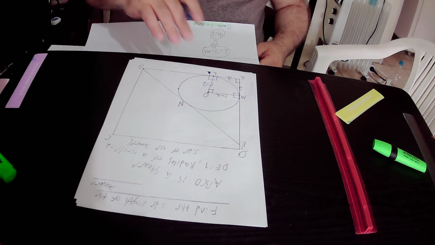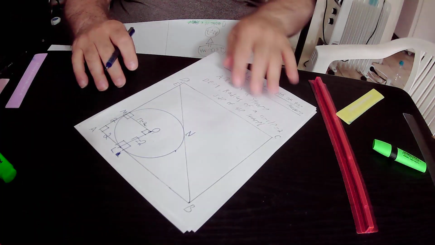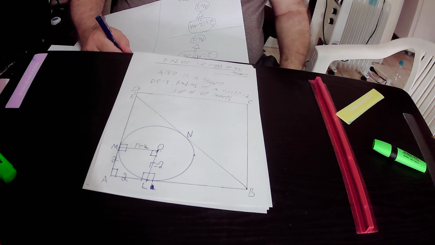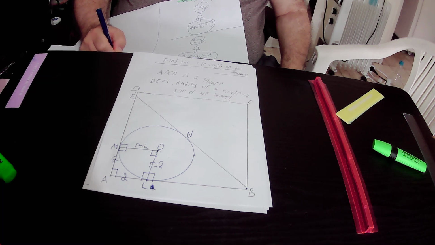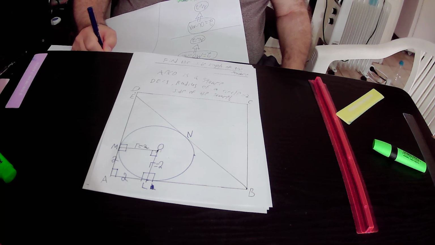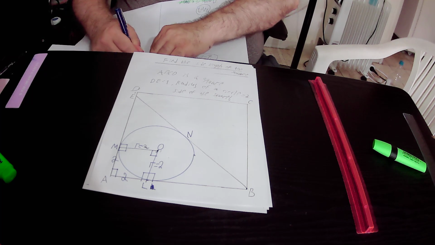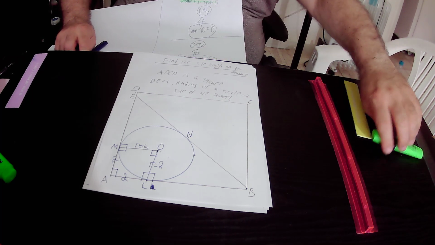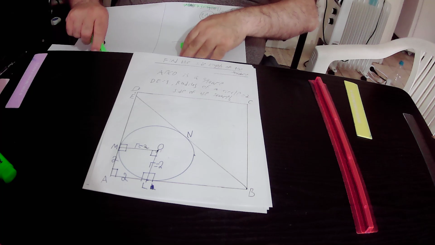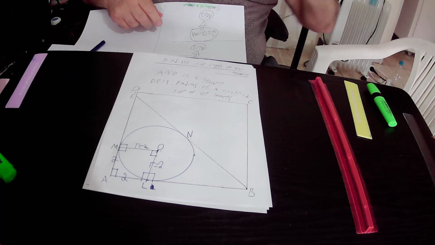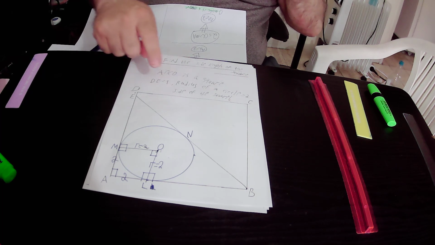So we focus on the common external point E. At the common external point E, we have two tangents to this circle.